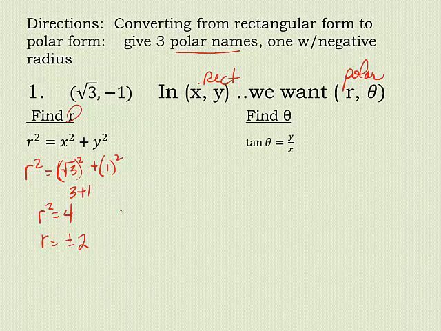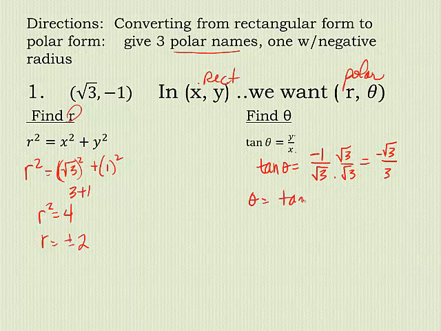You know that. Okay. So to find theta, I'm going to take y divided by x. So the tangent of my theta is negative 1 over the square root of 3. Now I have to rationalize this, so it's negative square root of 3 over 3.